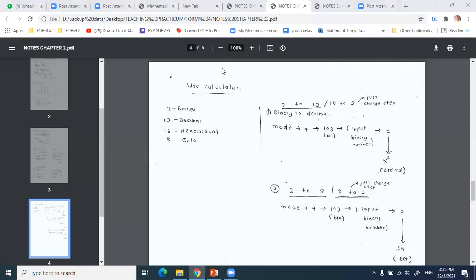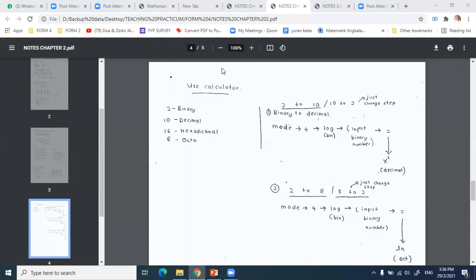Okay, but before that, can you show me your calculator? Teacher doesn't wear a headscarf. Oh, okay, just show it, all of us are girls, right? Can I show it to teacher on Telegram? Yes, you can. Teacher, I sent mine on Telegram already.